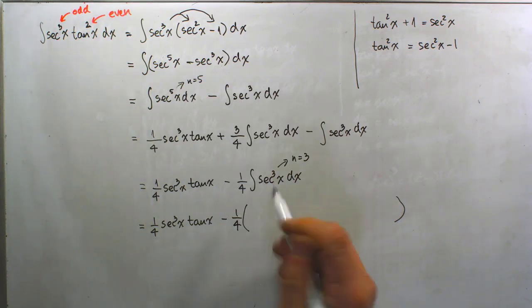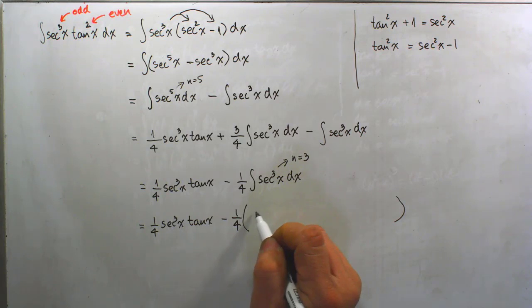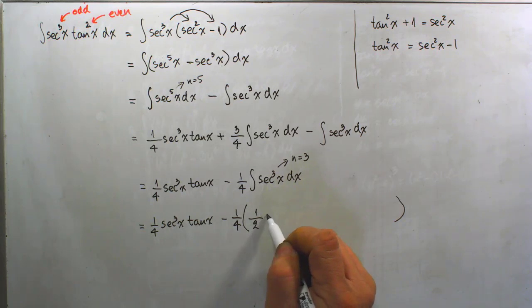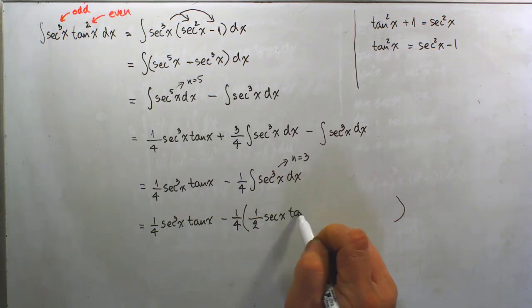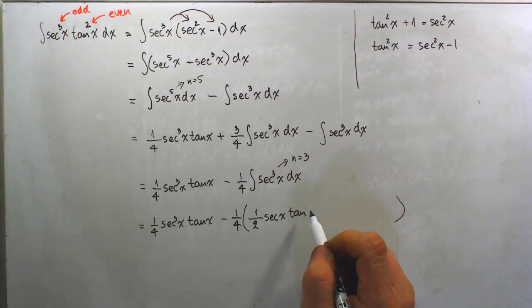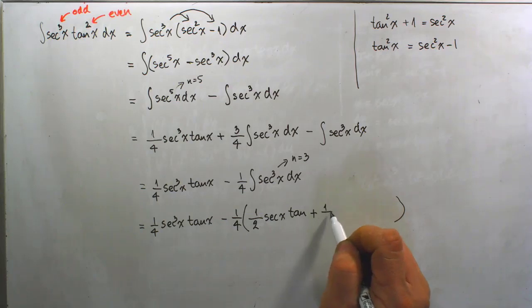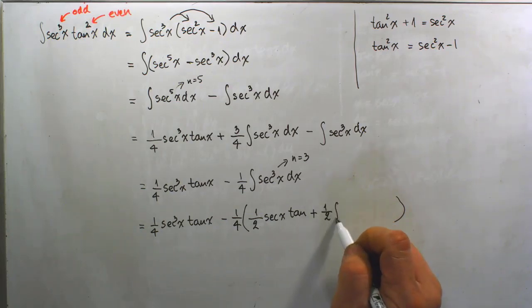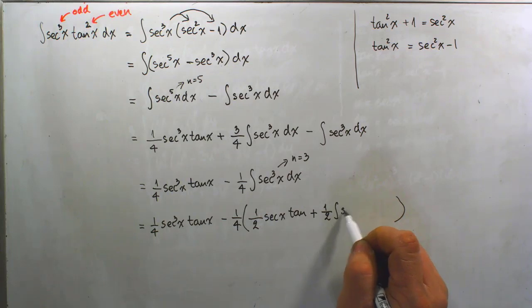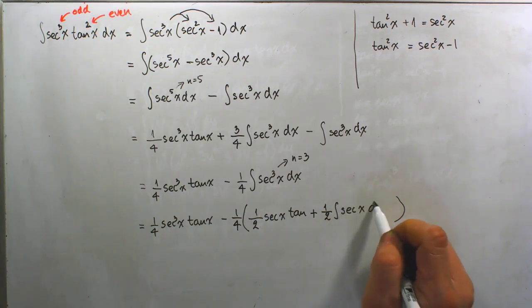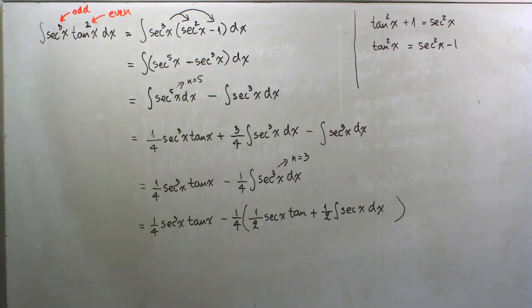According to the formula, we have now 1 over 2 secant of x times tangent of x plus 1 over 2 integral of secant to the first power of x dx. We still have a little remaining integral, but the power on the secant keeps getting reduced.